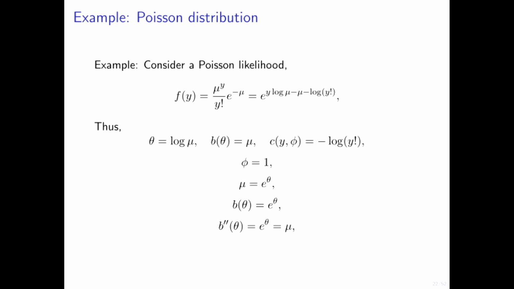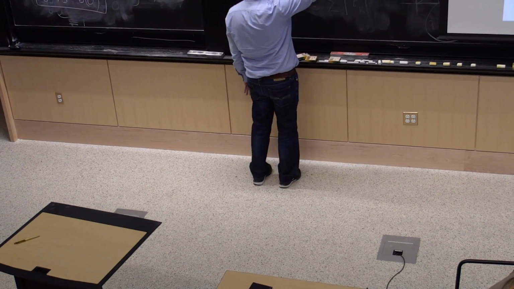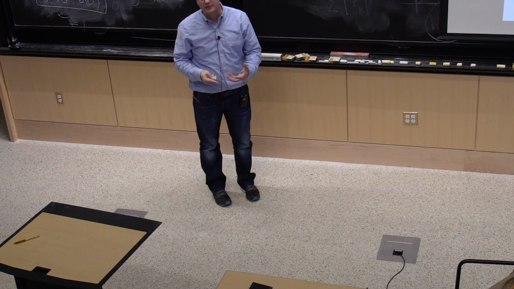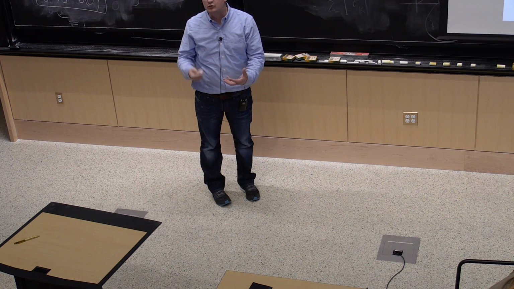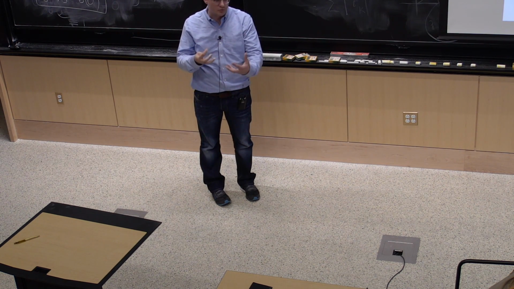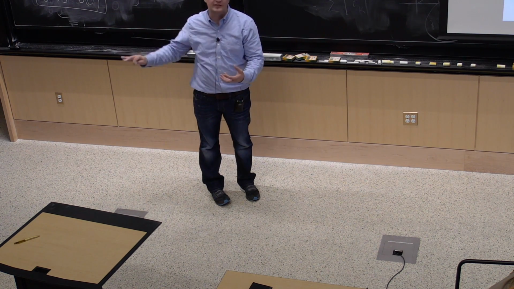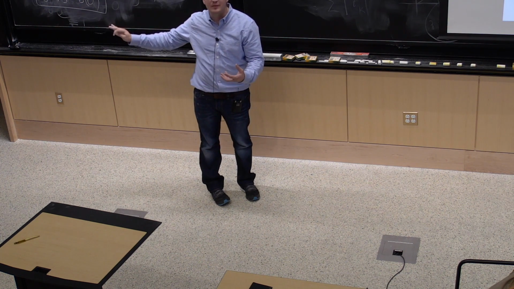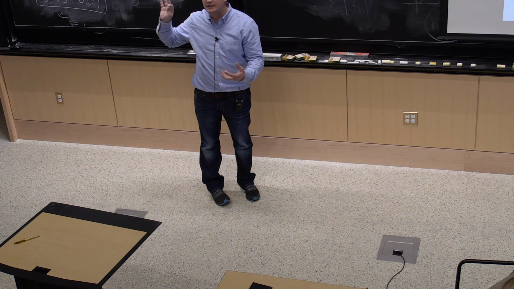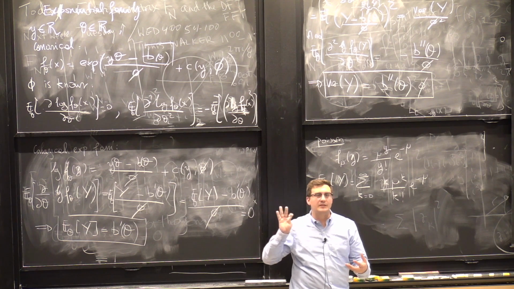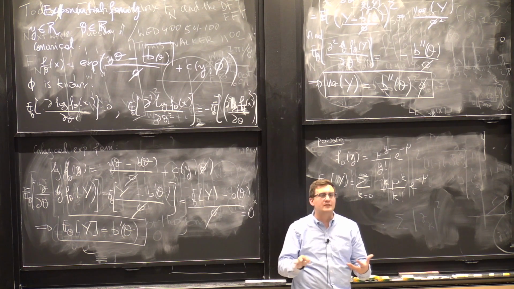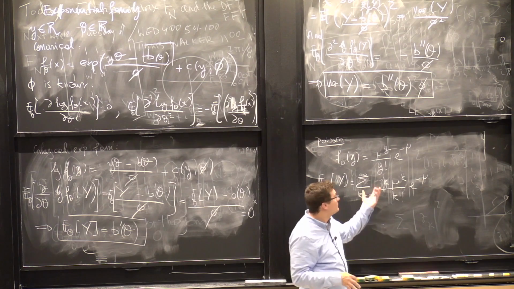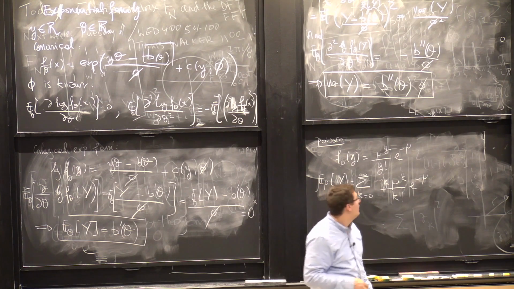To do that, we need to write this in the form of an exponential where there's one parameter that captures mu that interacts with y, just doing this parameter times y, then something that depends only on mu. That's the important one, that's going to be our b. And then there's something that depends only on y.